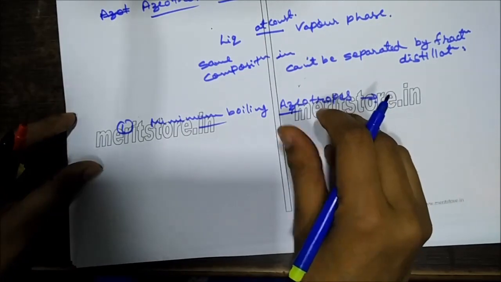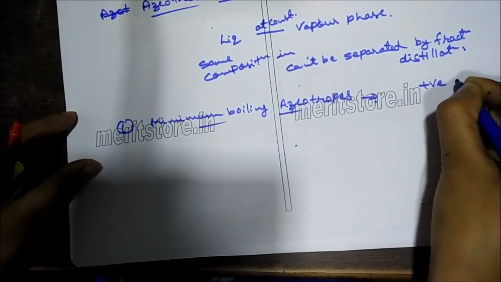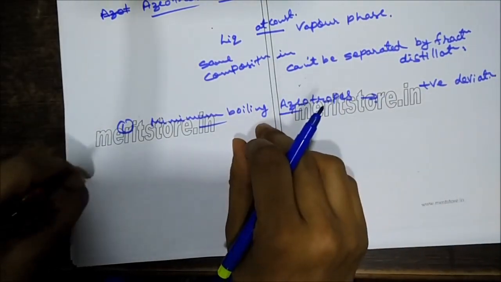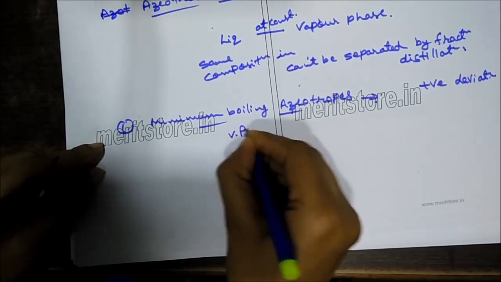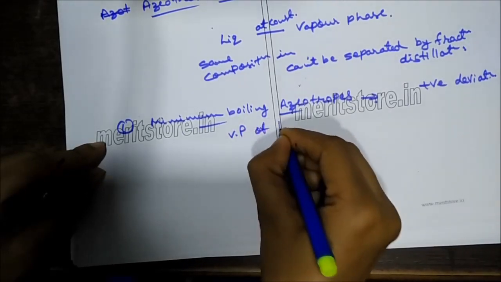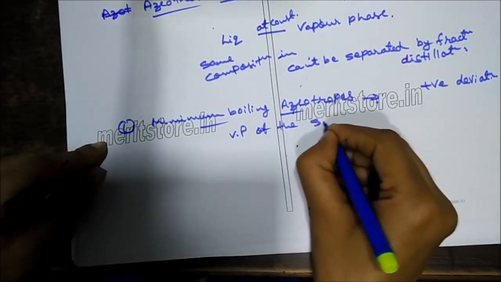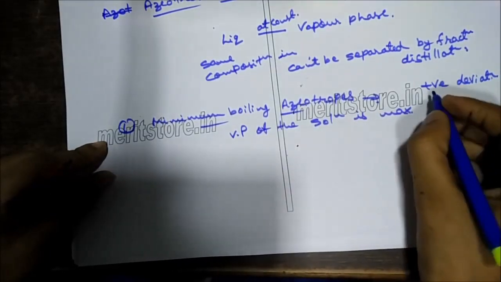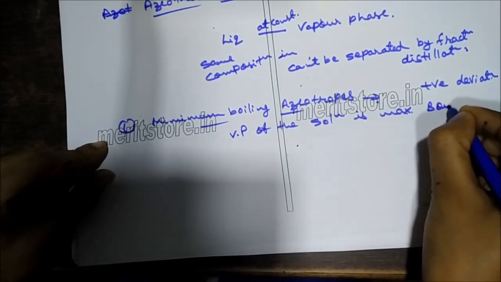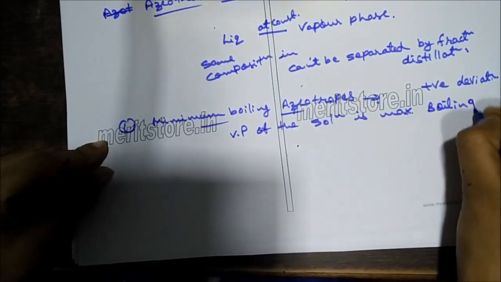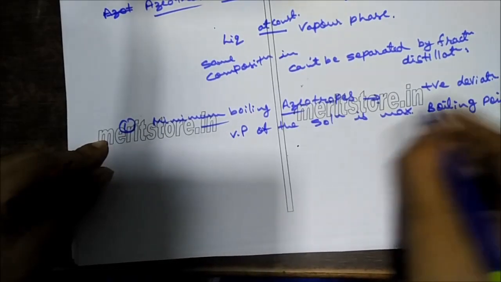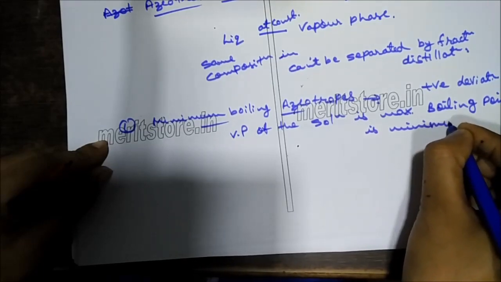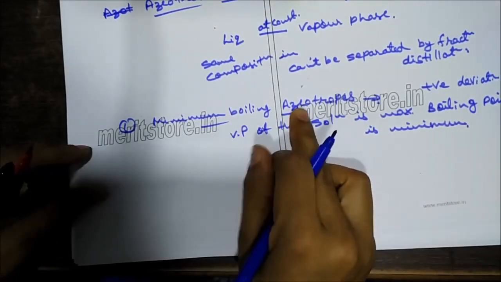For the solution with positive deviation, there is an intermediate composition for which the vapor pressure of the solution is maximum and hence the boiling point is minimum. These types of mixtures are called minimum boiling azeotropes.